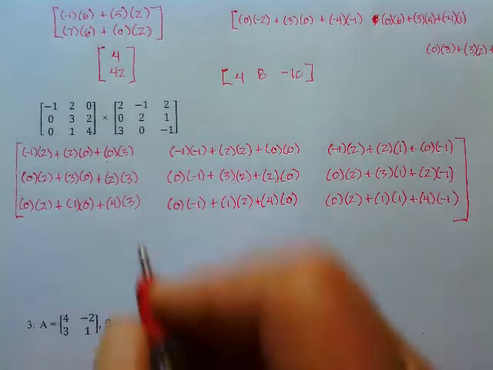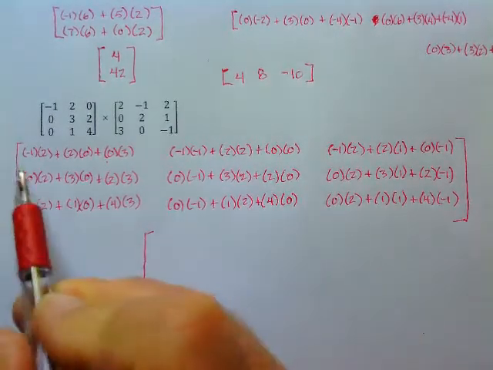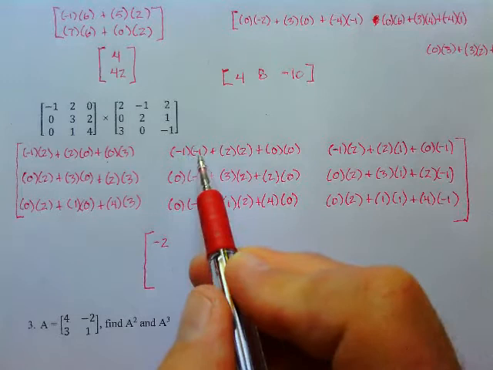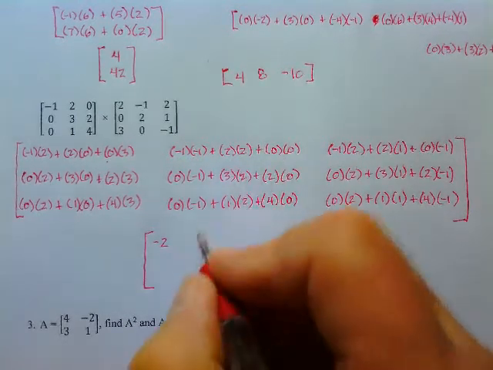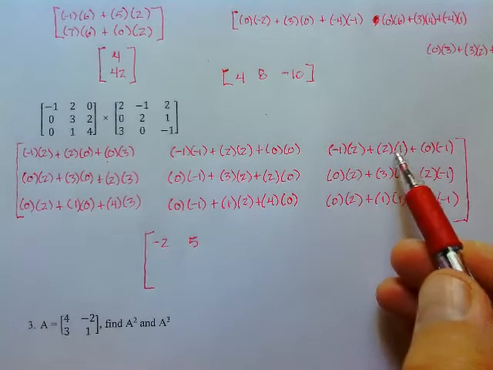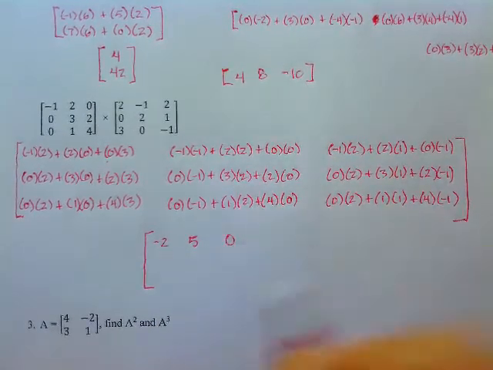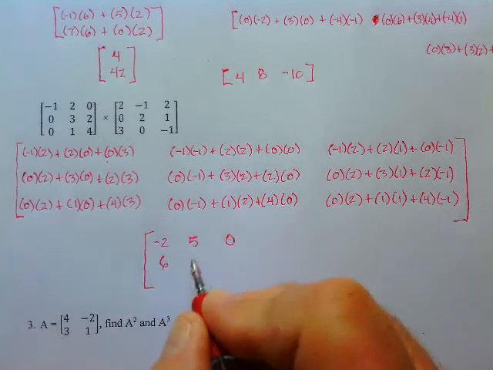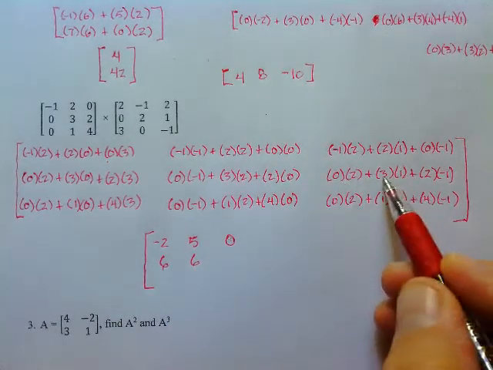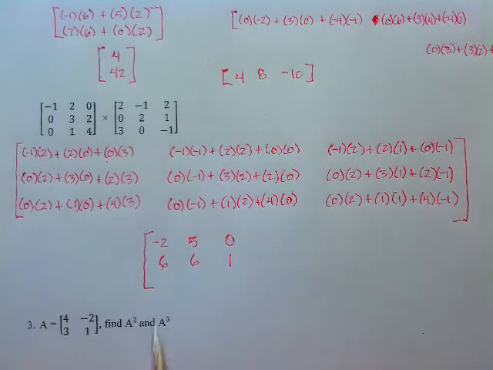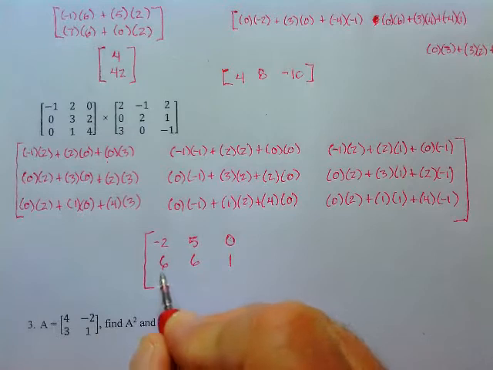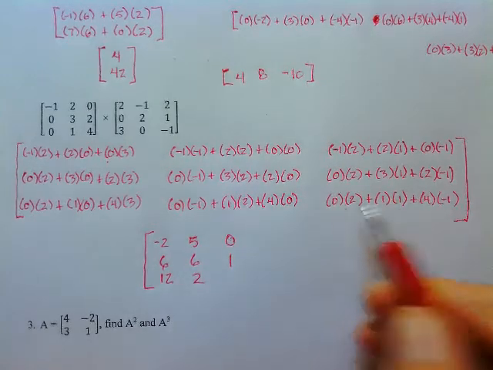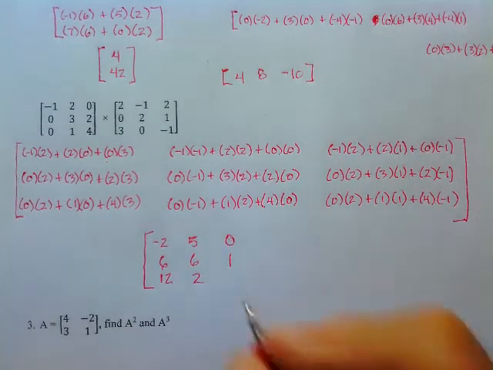Now let's go ahead and simplify. So -2 plus 0 plus 0, -2. 1 plus 4 plus 0, 5. -2 plus 2 plus 0, 0. 0, 0, 6. 0, 6, 0. 0, 3, subtract 2. 0, 0, 12. 0, 2, 0. 0, 1, and -4.